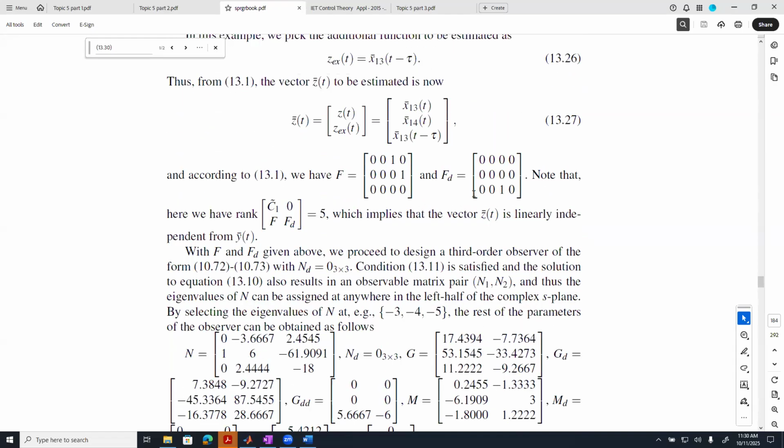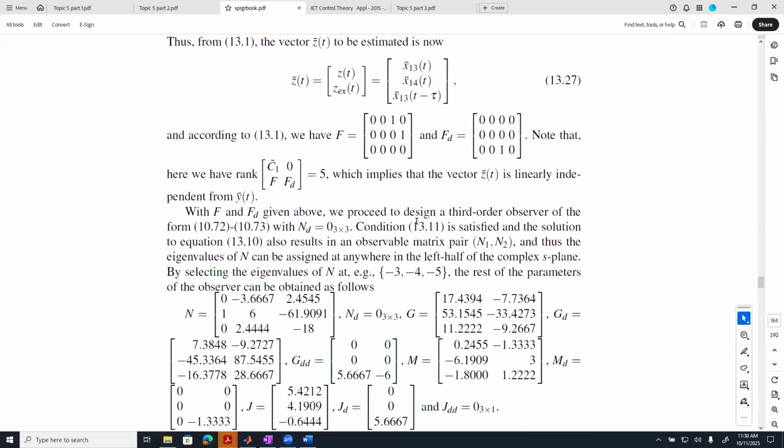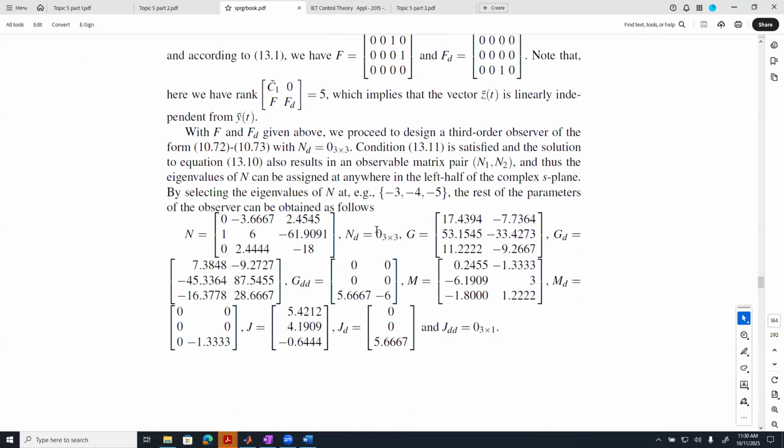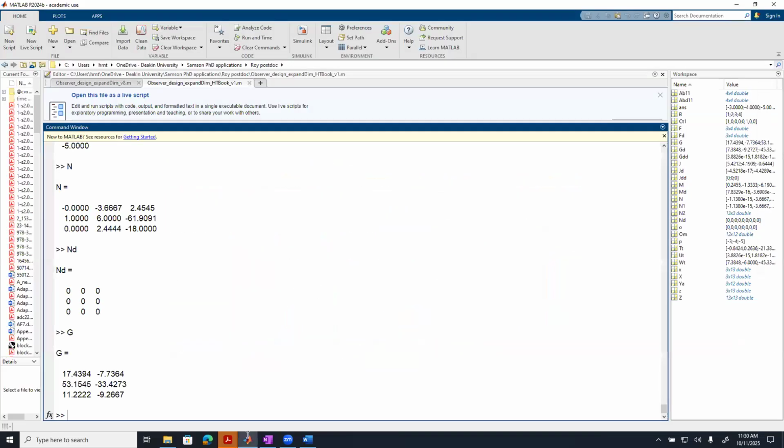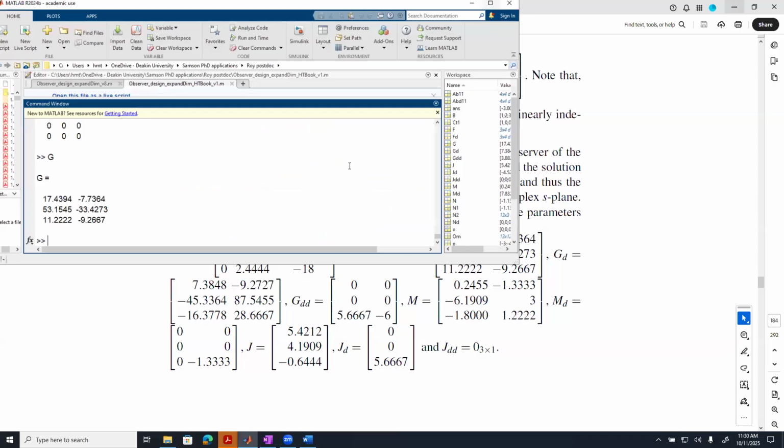All right, so we realize that with this extra functional we're able to obtain a third order observer. And these are the rest of the observer parameters, which we obtain from here.